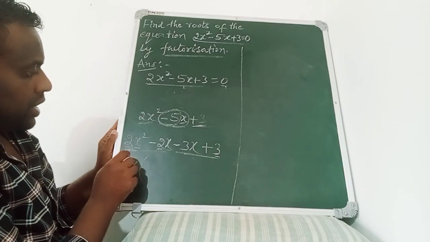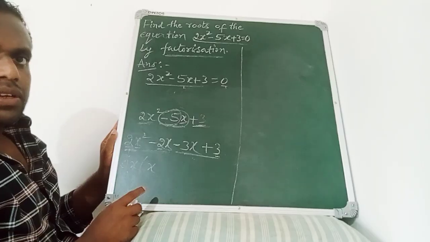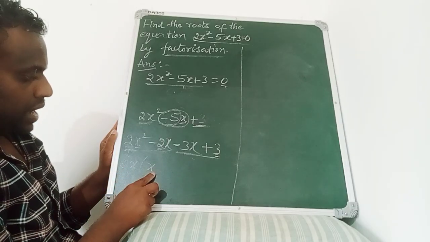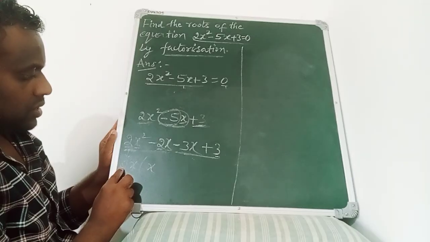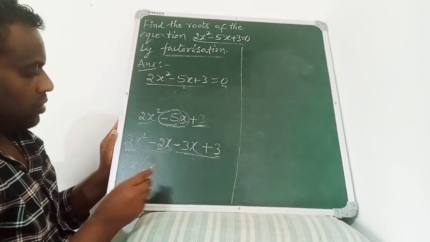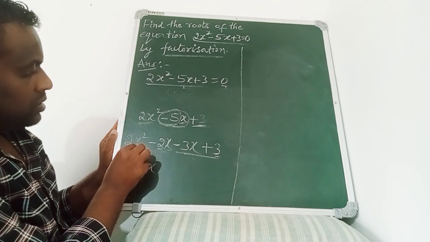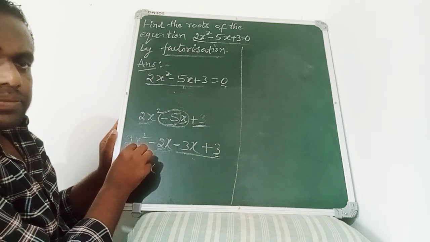When 2x is taken common from this 2x square, we are left with x. If you multiply 2x into x square, we get this back, 2x square. So when you take 2x common from this, we are left with x.